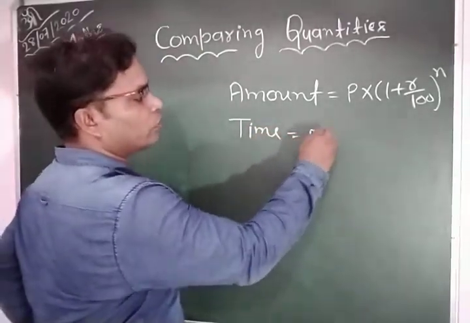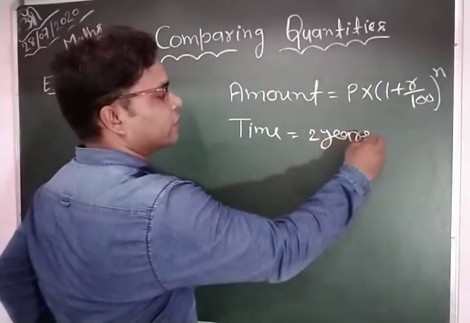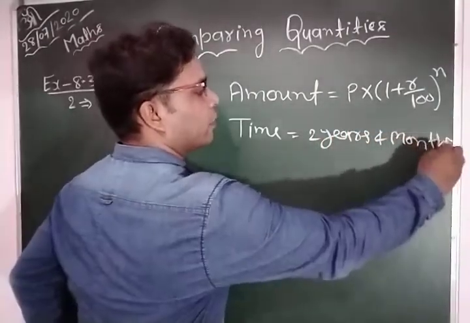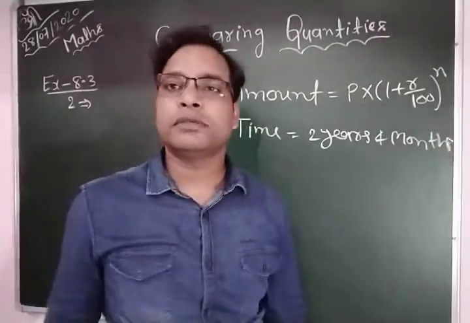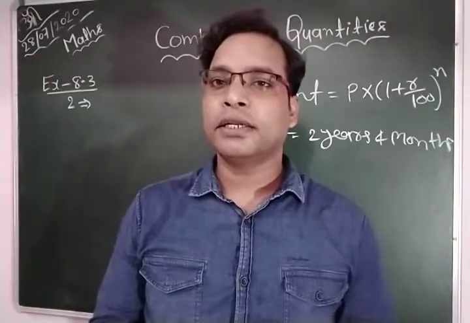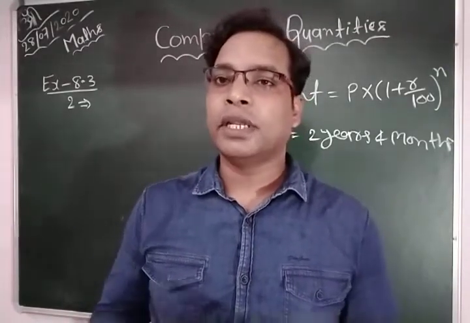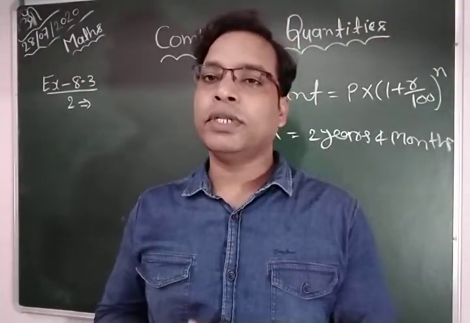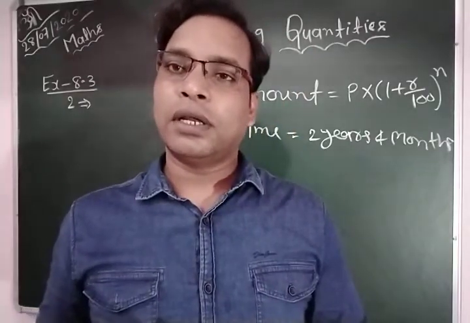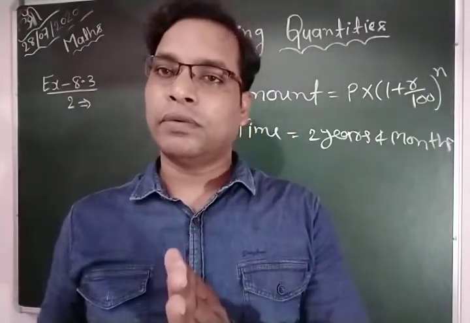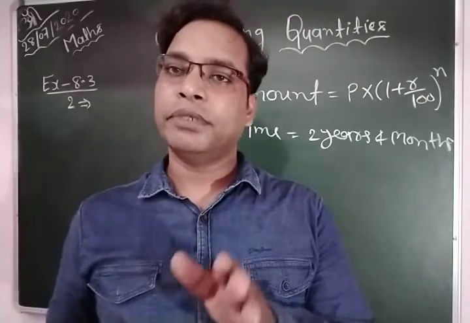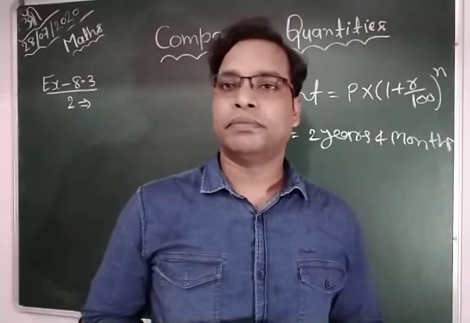So first you find the amount for 2 years. After this we find the amount for the extra 4 months, that is 4 by 12 years.